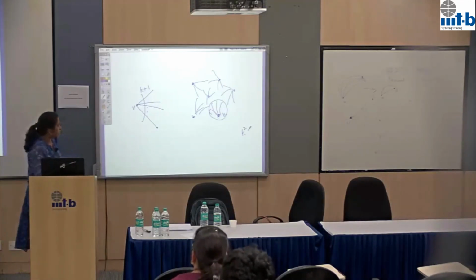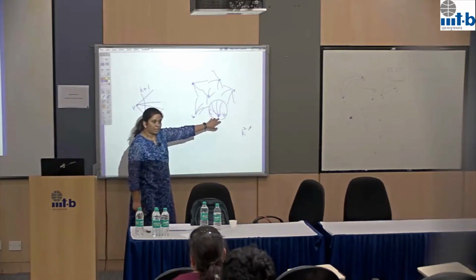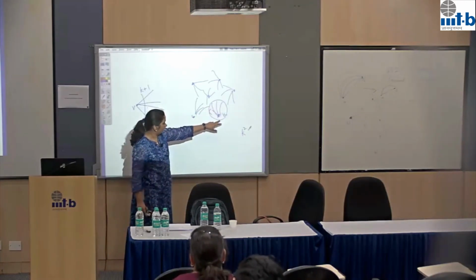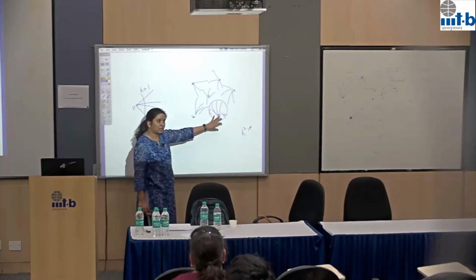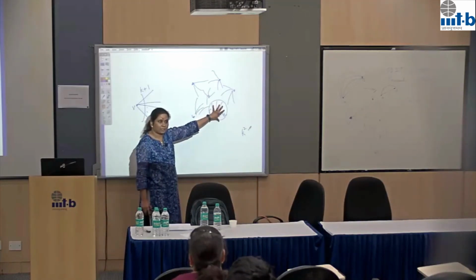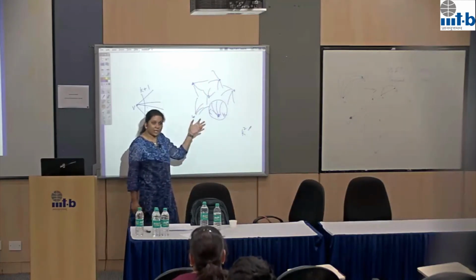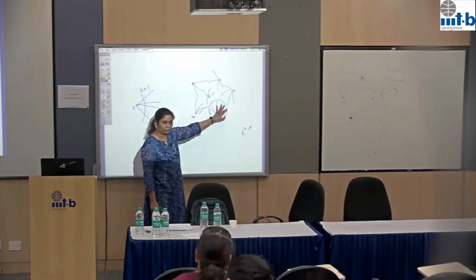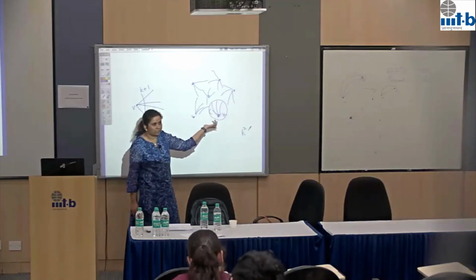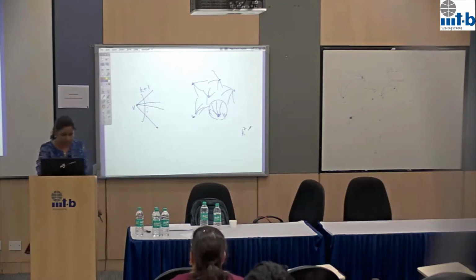So I repeat: every vertex has at most k neighbors, so each vertex in the vertex cover plus its neighbors gives you k plus 1 vertices. There are k such vertices in the vertex cover, and in the worst case all of these groups may be disjoint. Then you can have only k times k plus 1 vertices, which is k square plus k vertices.